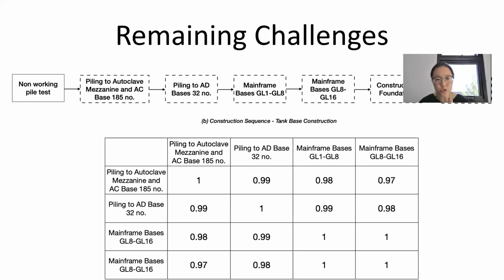Unfortunately, these two activities that we just mentioned have a cosine similarity of nearly 0.99. So it made it a bit difficult to eliminate one of the activities from the sequence using the statistical values. So that challenge still remains, and we hope to resolve this challenge in future research.